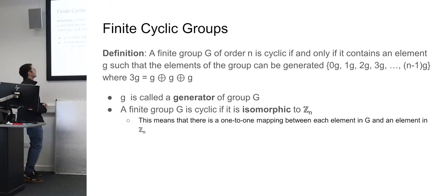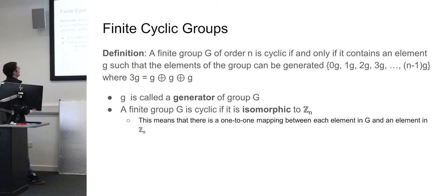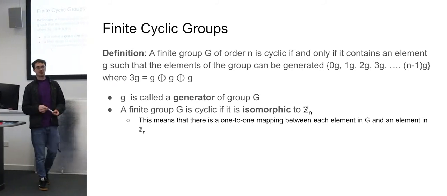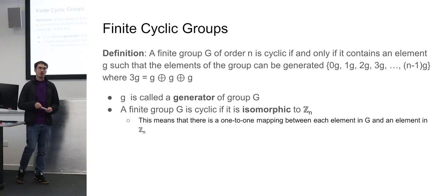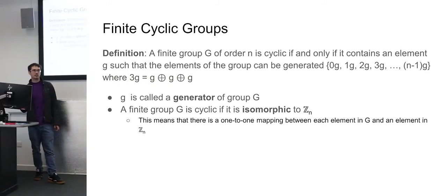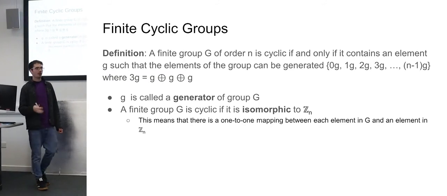And then I guess the only other thing, where maybe I've jumped a little bit too fast, is this concept of a generator in a group. That is, you can keep applying this number, this generator, to itself to create every single other element within the group.